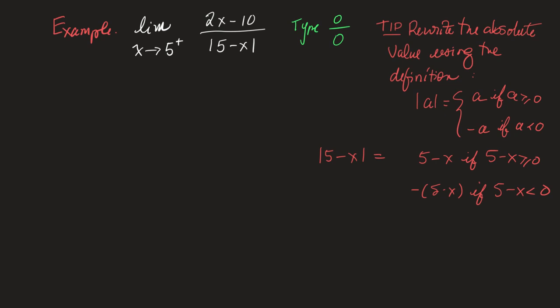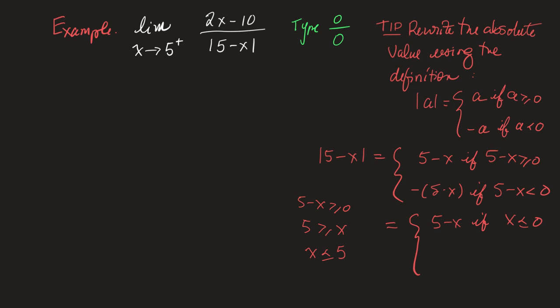Now, we can rewrite this piece over here in the following way. So we know that 5 minus x is greater than or equal to 0 if and only if 5 is greater than or equal to x, but we normally wouldn't write it like that. The proper way to write it is like that. So I can rewrite this as 5 minus x if x is less than or equal to 5.